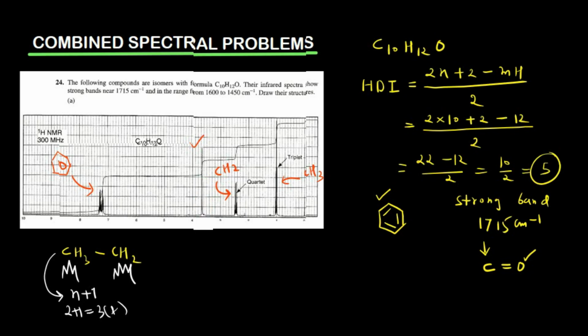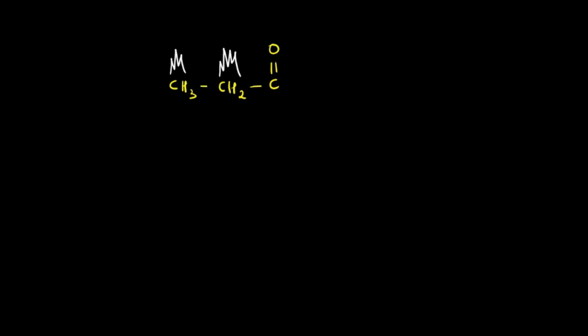One effect is the magnetic anisotropy created by the circulating electron clouds in the benzene ring, and second, it is connected with the carbonyl group. So I can immediately connect this CH2 here and the benzene ring here, which will create the magnetic anisotropy.